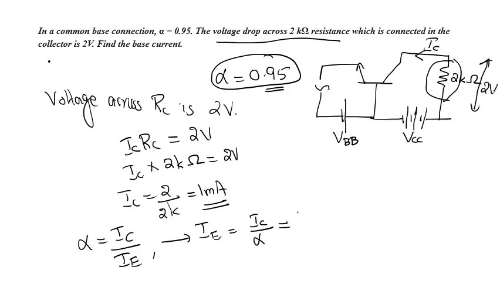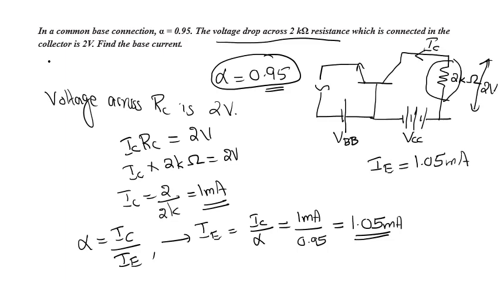So IC is 1 milliampere and alpha is equal to 0.95. Calculating this, the value we get is 1.05 milliampere. So we got the IE value, 1.05 milliampere. The IC value we have already calculated, that is 1 milliampere. What we were asked to find is the base current.